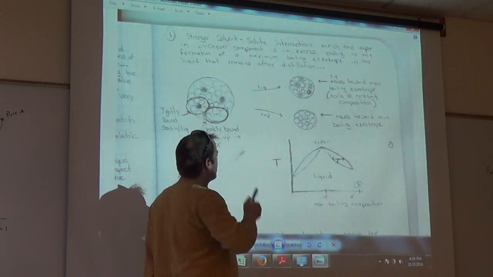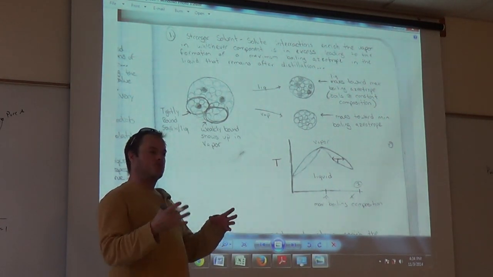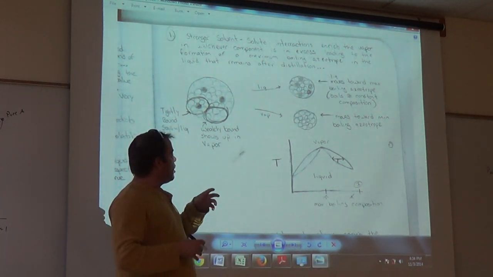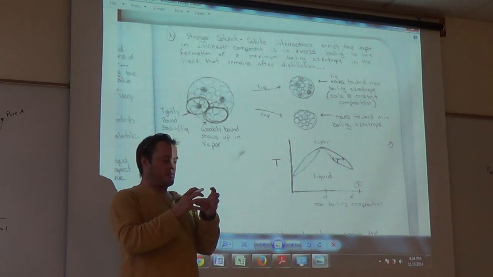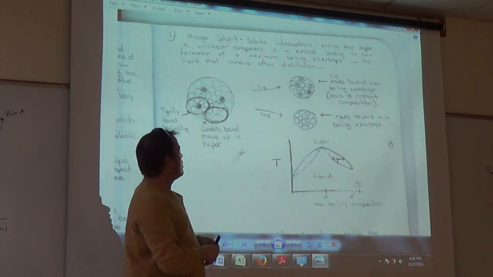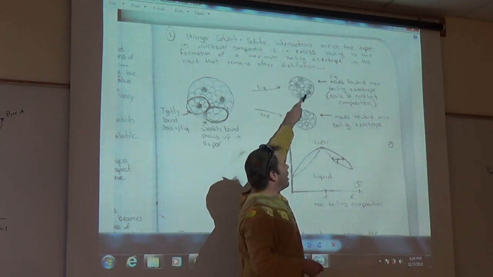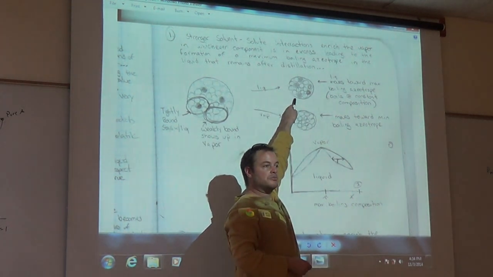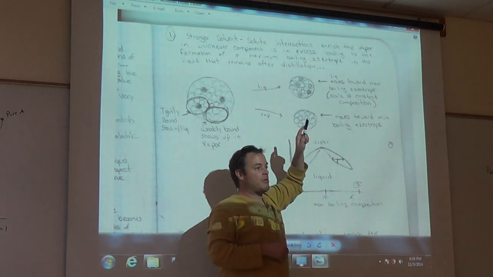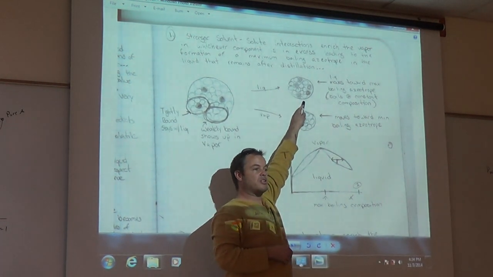Once you've reached the maximal ratio of A molecules to B molecules in one of these maximum boiling azeotropes, though, there's nothing that gets preferentially kicked out into the gas phase first. You can imagine all of these guys are bound with equal forces, and so distillation kicks out units of the same exact composition once you get to this point.